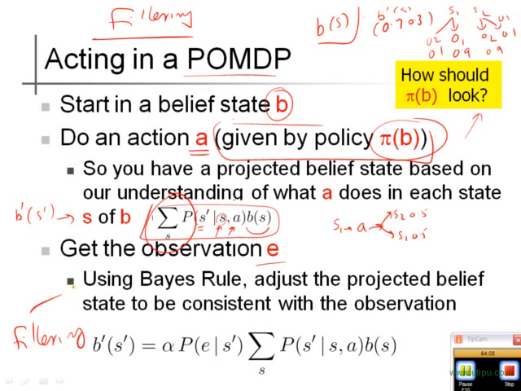Enter Rudolf Kalman, who pointed out that, look, we are all anyway crazy enough to assume that everything is Gaussian. So suppose you were to assume that the belief state is Gaussian. Suppose you also assume that the observation model is Gaussian.